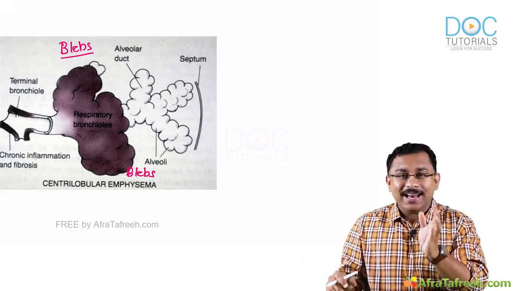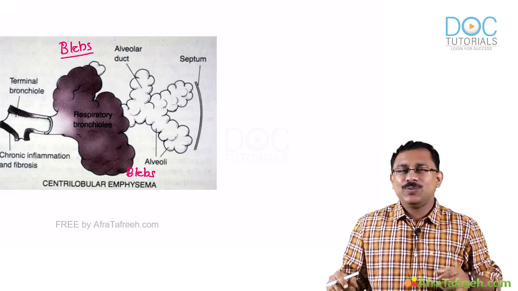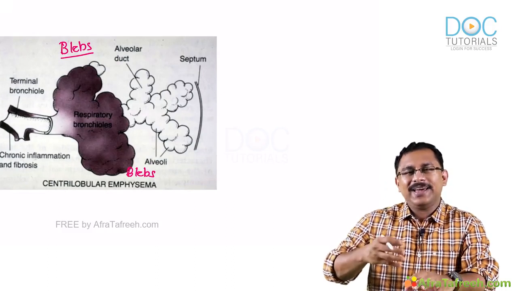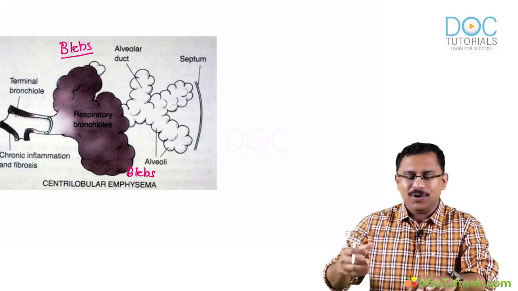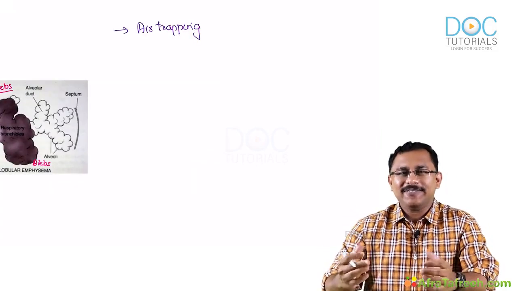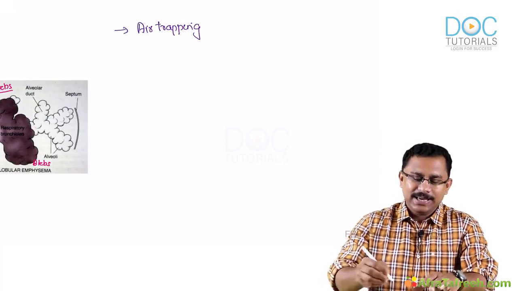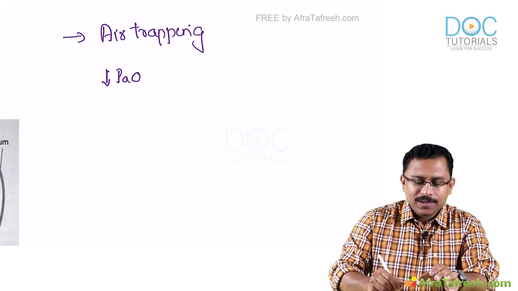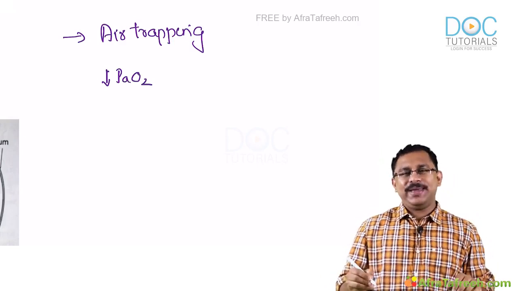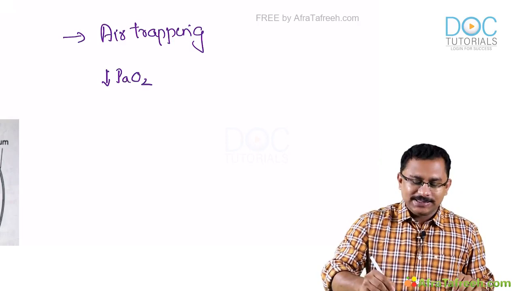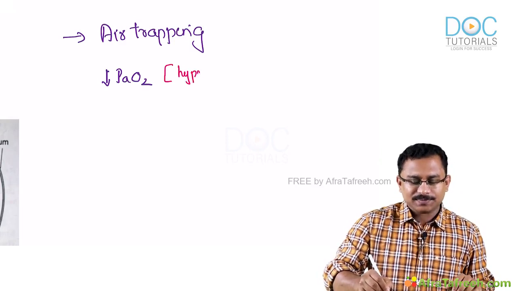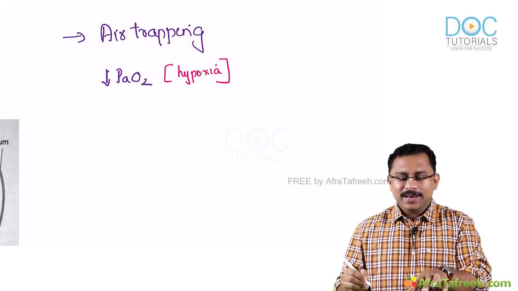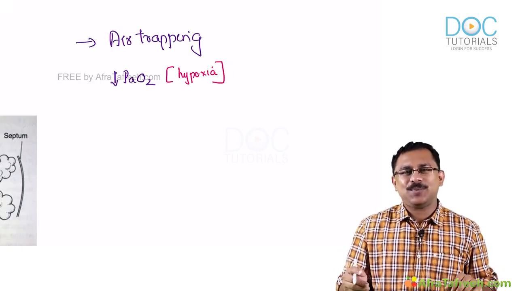You know that the alveolo-capillary unit is very important for the gas exchange. So when enough air does not reach the alveoli and it is not available for gas exchange, you tell me what will happen to the PaO2? There will be a decrease in the PaO2, or in other words you can say there is a hypoxia. Now what is the response to hypoxia?